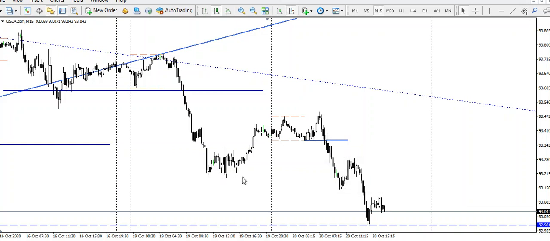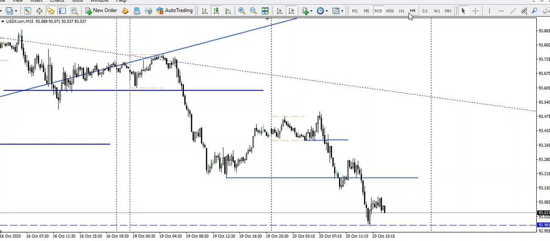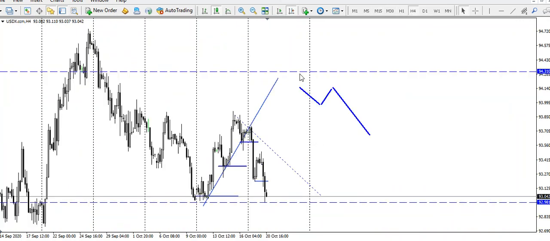This is the previous day low, which acts as resistance. So it gave a nice pullback. This was during New York, and it dropped. So it's down there.